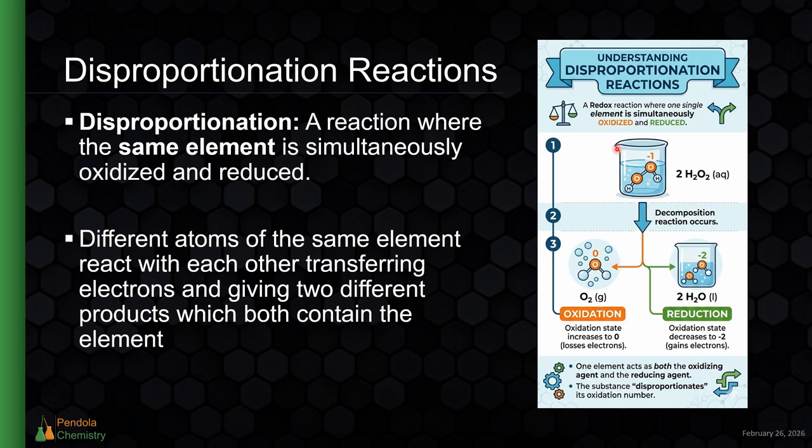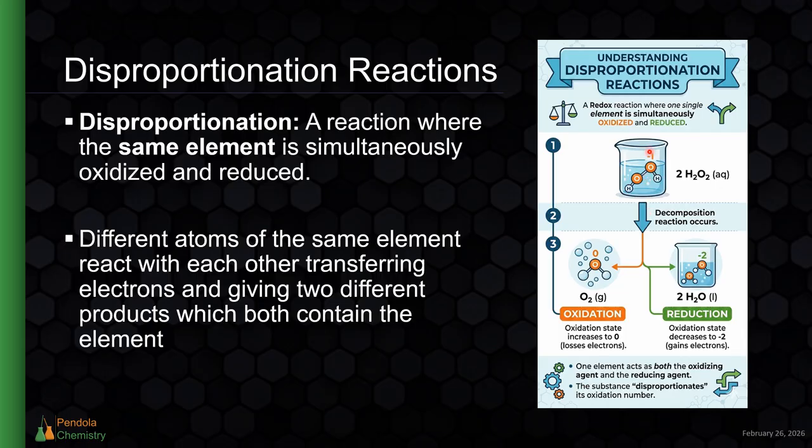So an example of this that we have seen in the redox chapter is the disproportionation of hydrogen peroxide when it decomposes. In H2O2, the oxygens have a -1 oxidation number, and that is the only time that you're going to have a -1 oxidation number of oxygen, is in peroxide.